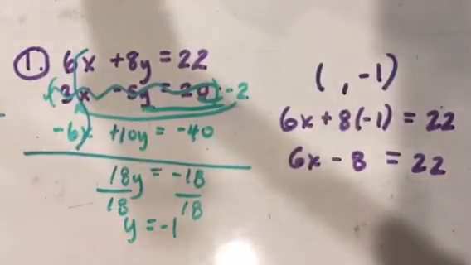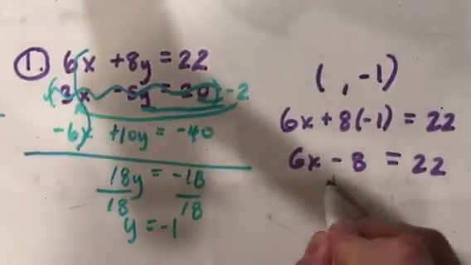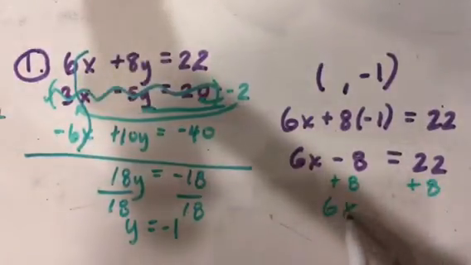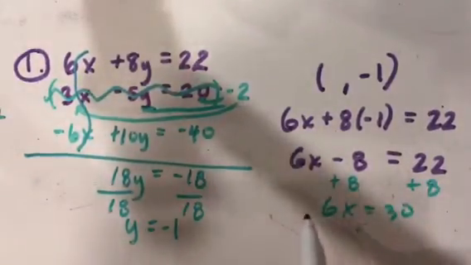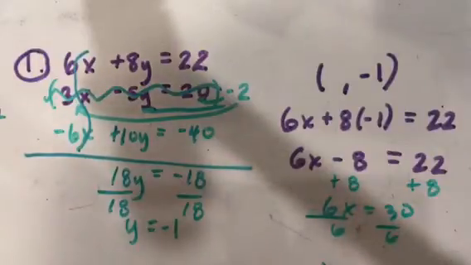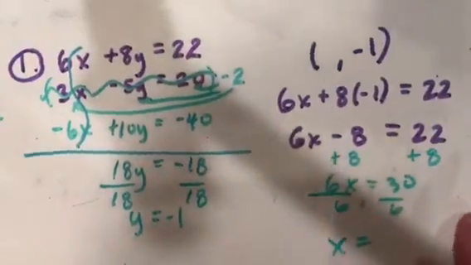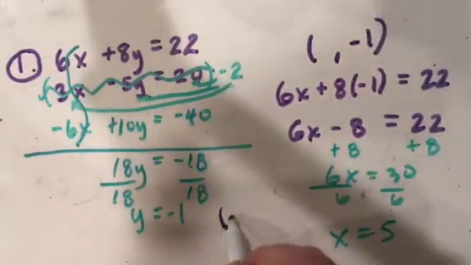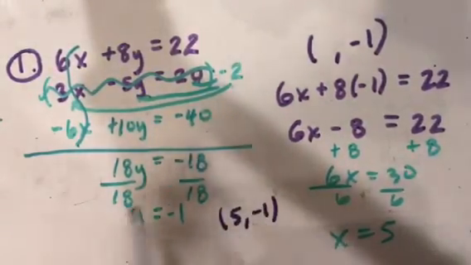We would now add 8 to both sides. We've got 6x equals 30. Divide by 6. And it takes us a little while, but we figured out that x is 5. So our answer is 5, -1.